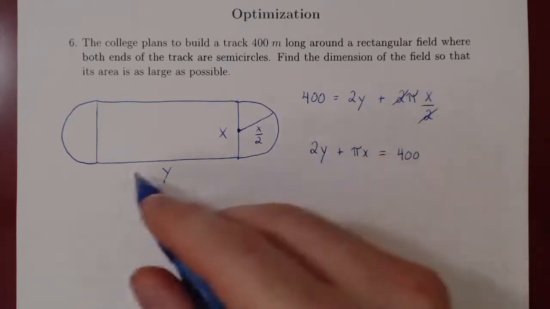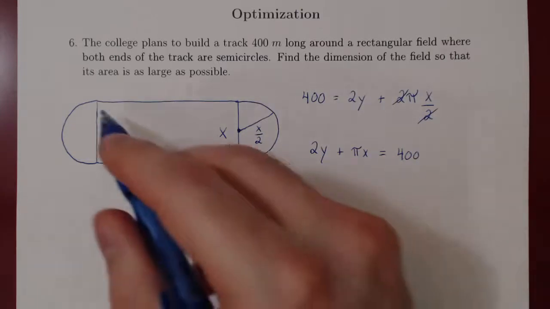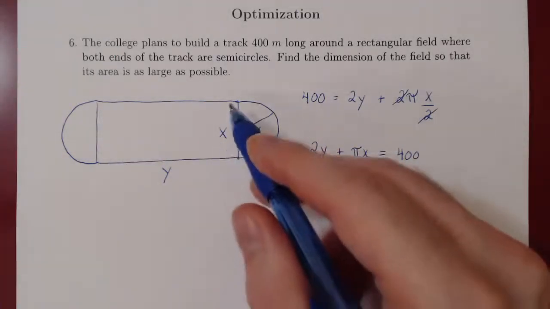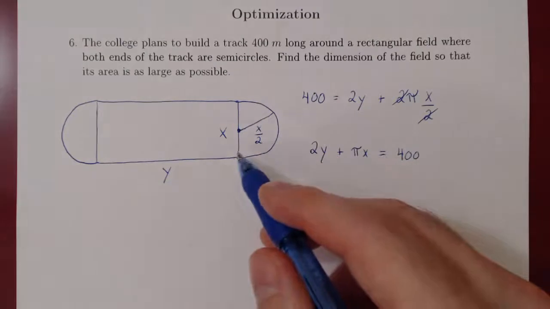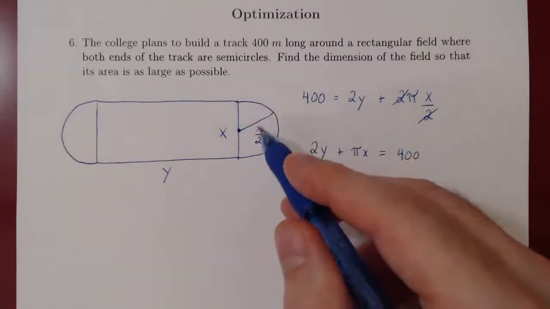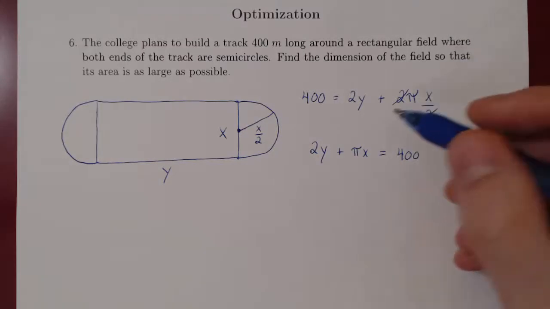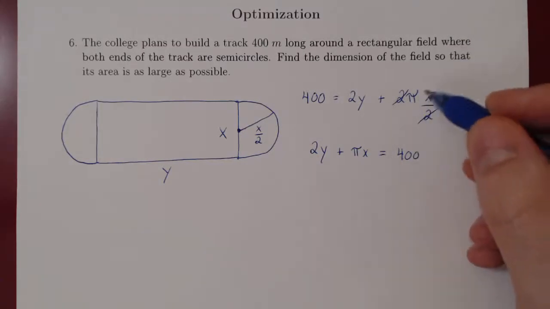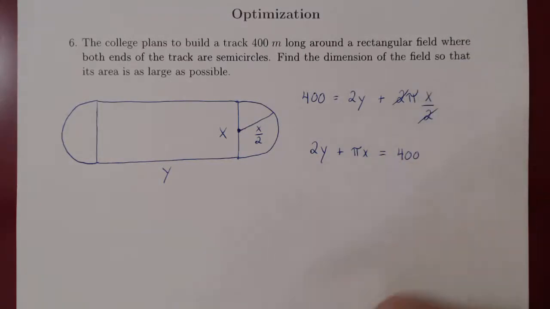And because again 2y is the length of this side and this side of the rectangular field, the length of the circular path is the circumference of the circle of radius x over 2, and the circumference is 2 pi times the radius, which gives us pi x.